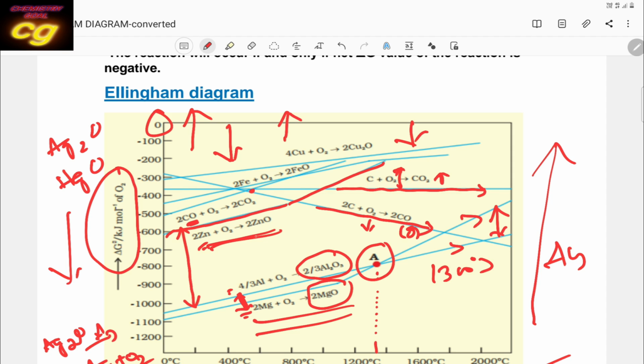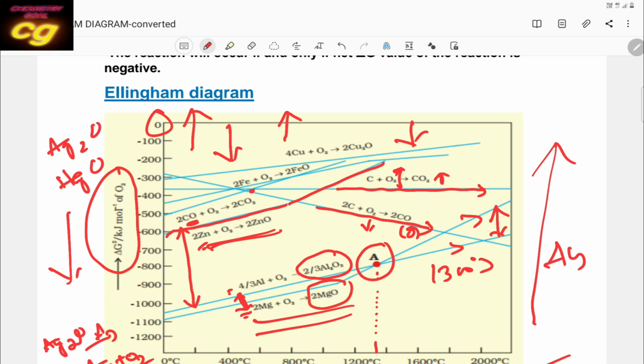At lower temperature, the ZnO graph is coming below and the CO2 from CO graph is above. So CO cannot reduce ZnO at a lower temperature, since the graph towards the left means lower temperature.